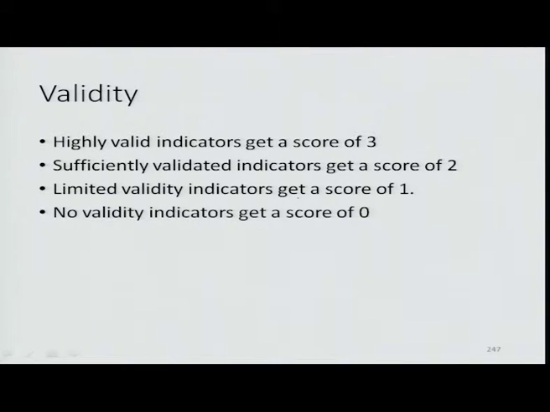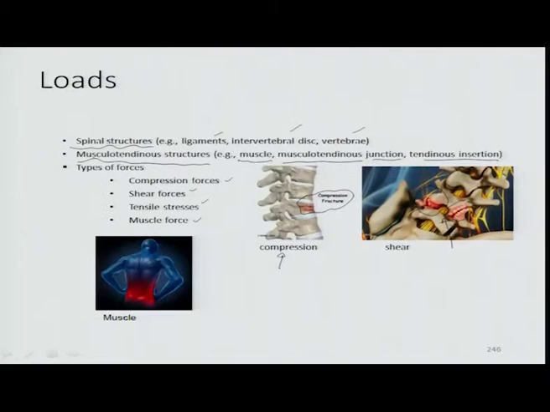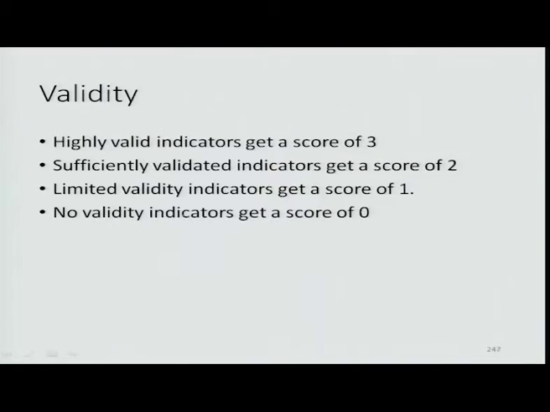Some of them are through measurement of, let us say, the intraspinal pressure or the intramuscular pressure. The study lists such techniques, and on the other hand lists the different compression forces, shear forces, tensile strengths and stresses, and tries to evaluate which technique would be suitable for measuring what kind of force in the spinal structures.